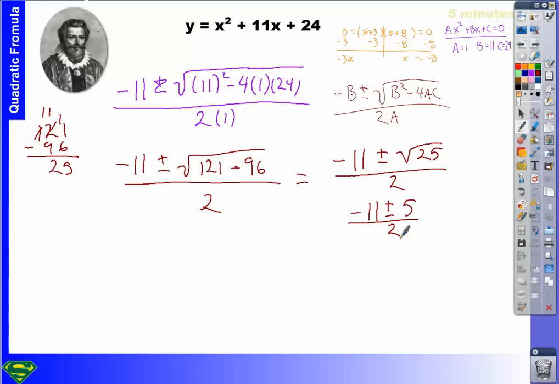The first is going to be positive land, where everything is sunny, chocolate rains from the sky, and everyone's happy. So in positive land, we have negative 11 plus 5 over 2.